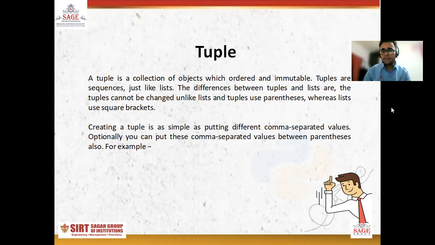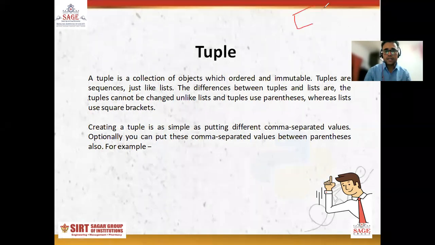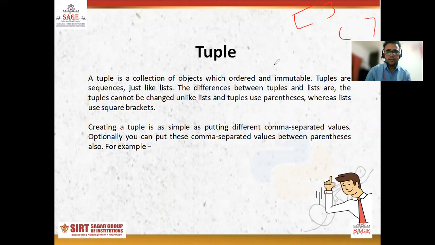Tuples use parentheses, whereas lists use square brackets, right? I showed you that when you create a list, it is in brackets, but you create tuples in parentheses, so we must be aware of that.